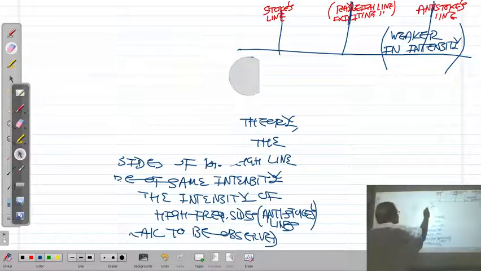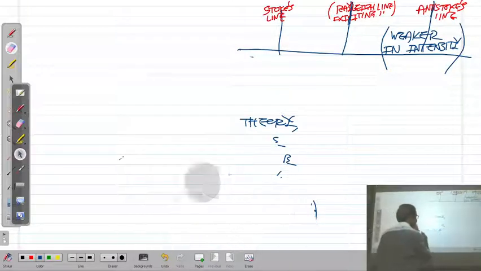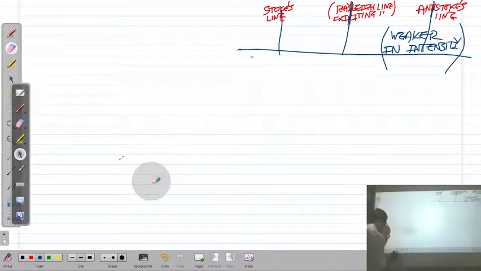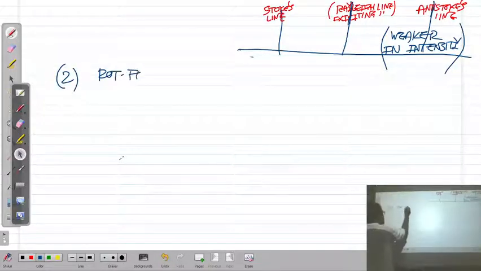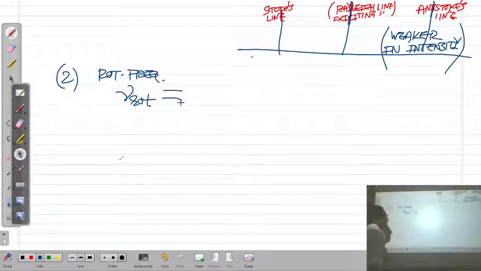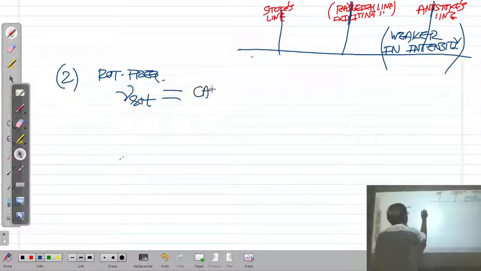And the second limitation is this. Second limitation of the classical theory is that the rotational frequency nu rot can take any value.